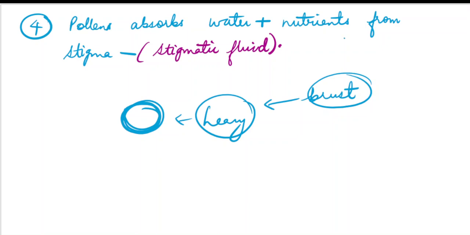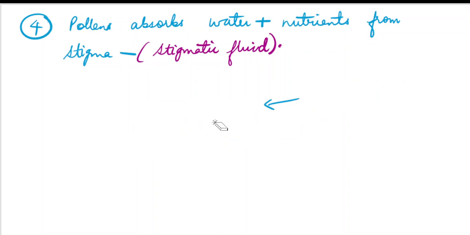If you fill something with a lot of water, for example if we take a balloon and fill it with a lot of air, the balloon will burst. Similarly here, in the pollen grain, there was so much absorption that finally there will be a bursting.